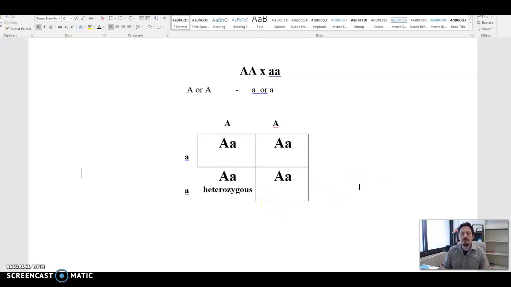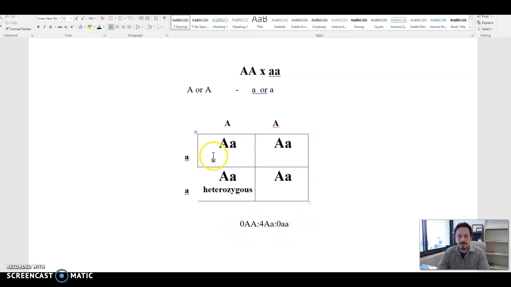So when we talk about ratios, we could talk about how many of these offspring are big A, big A. That equals 0. How many of them are big A, small a? There's 4. And how many of them are small a, small a? That'd be 0. So these are the ratios that you might see in your lab.